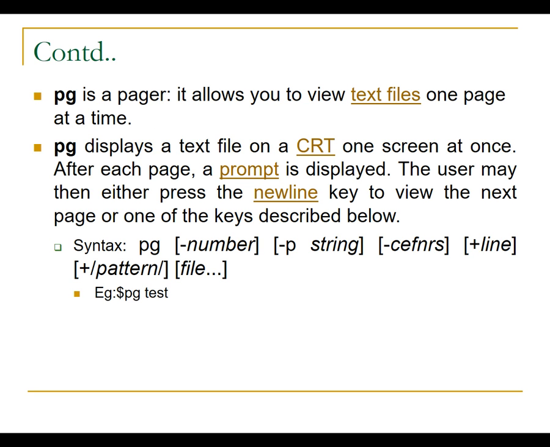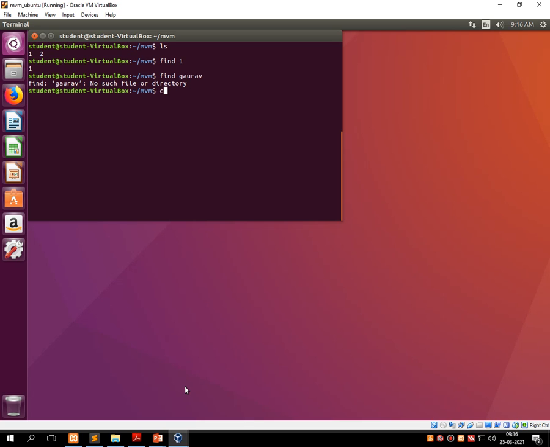Next one is pg. pg is called as a page header. It allows user to view text file one page at a time. That means what? Say for example in my file called 1 I have only a single text, that is student.